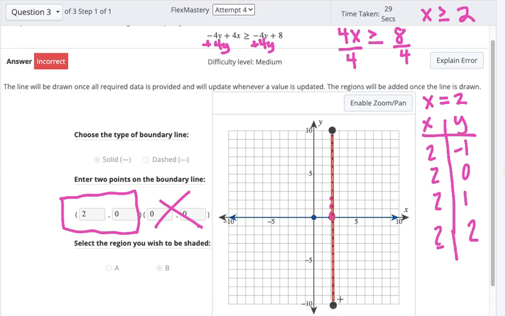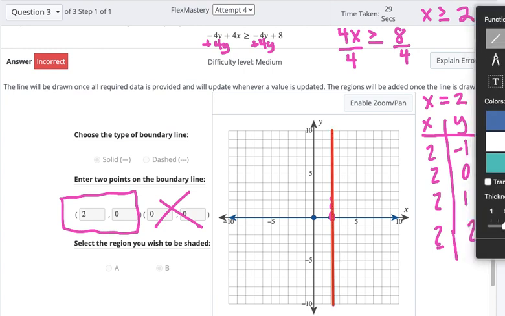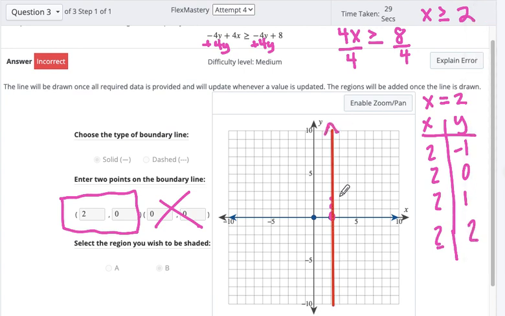So it would go up and down like that, on forever. A line goes on forever. You can see these are the different y values, but x is always 2, because this is the value for x. It's always 2, but y can change.